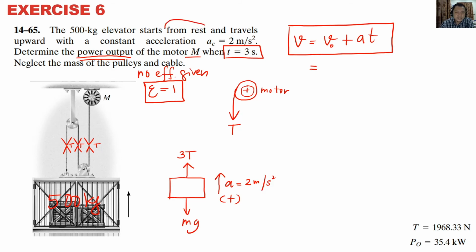It starts from rest, so V naught is equal to 0. 0 plus acceleration is 2 after 3 seconds, so velocity becomes 6 lah. 6 meter per second at time is equal to 3 seconds.